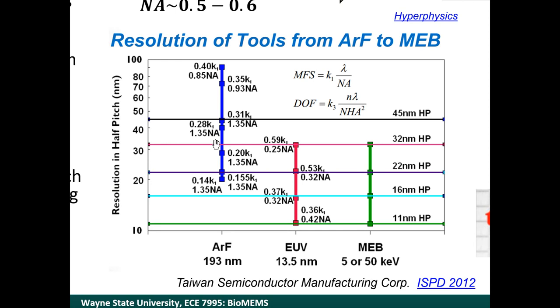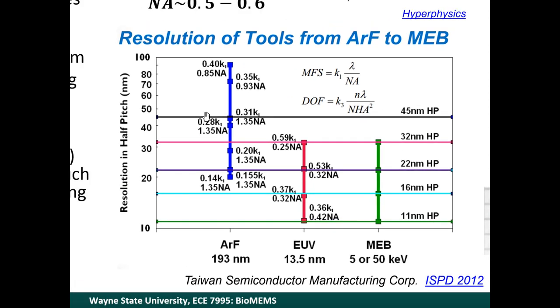And you can see that they have tools with different numerical apertures, 0.85 all the way up to 1.35. So they're using quite large numerical apertures here. They've also optimized their system so that the K1 that you see up here, in the minimum feature size equation, is as small as possible.